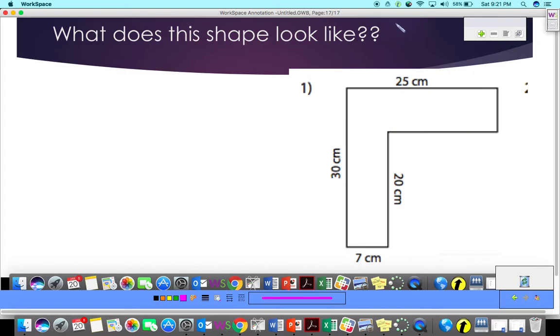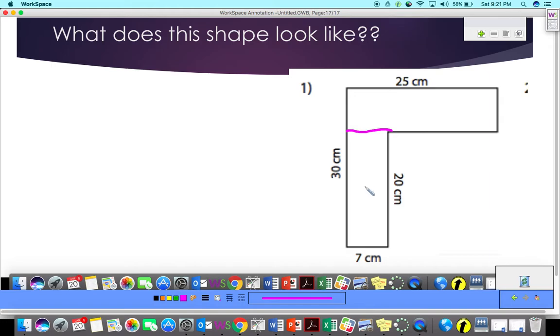When I look at this shape, I see a lot of information right here, so I'm going to choose to split it like this. Now, it doesn't actually matter how you split it up, as long as you can determine the information you need for each part of the shape, or shapes, since there are two here.